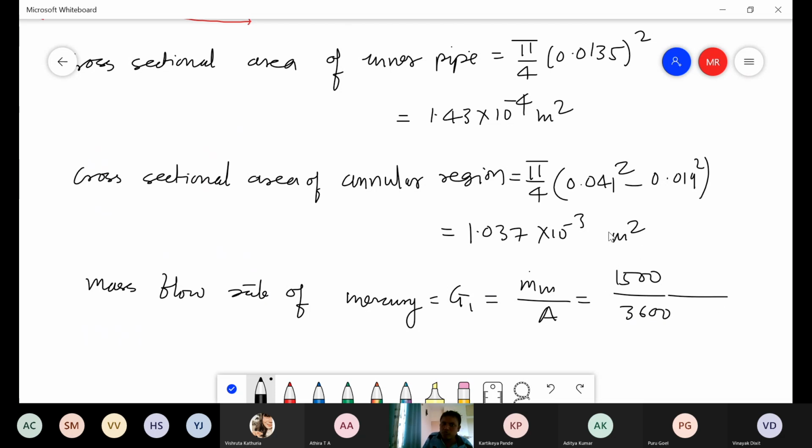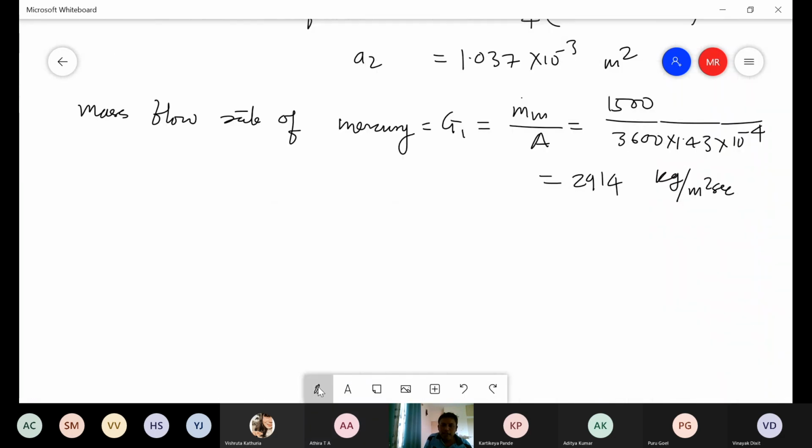Mercury is flowing through the inner pipe. So what will be the cross-sectional area? 1.43 into 10 raised to power minus 4. So this is nothing but A1, this is nothing but A2. So here we have to divide by A1. So that is going to be 2914 kg per meter square second. Okay.